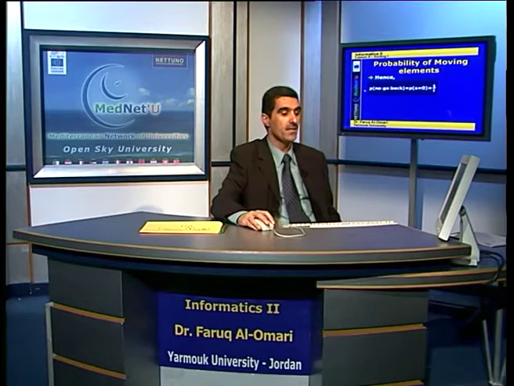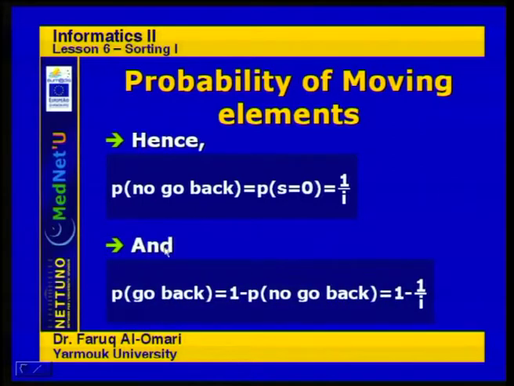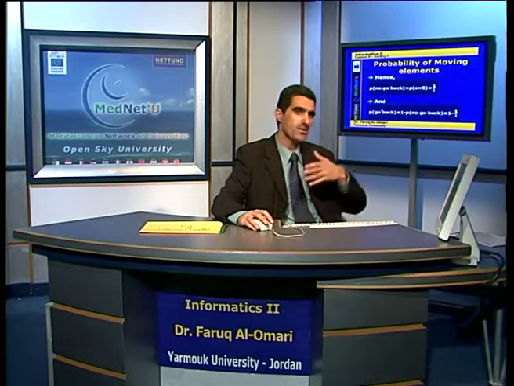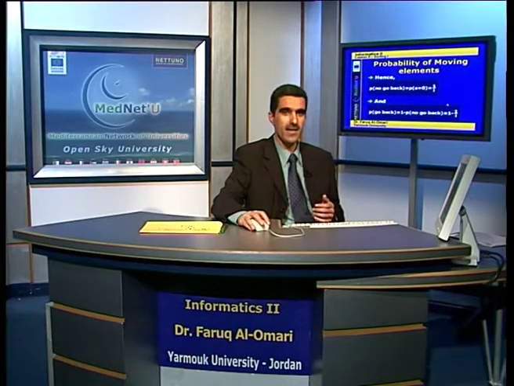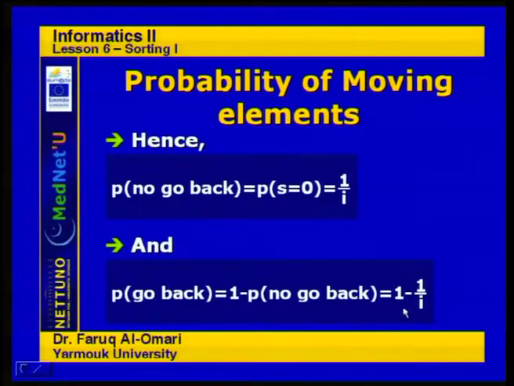Then, based on this, the probability of no go back, which means the probability of 0, is 1 over I. On the other hand, the probability of going back, and going back could be 1 position, 2 positions, I minus 1 positions, is 1 minus this, the total probability, which is always 1, minus this. So either I go back or I don't go back. Simply.